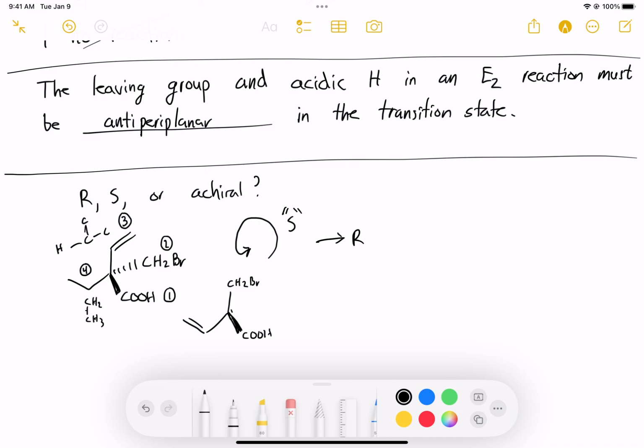Okay, and that will put the wedge on the CH2 here. So 1, 2, 3, 4. Well, no, now that's still S, isn't it? 1, 2, 3. It still looks like it's S. Huh. So maybe we're rotating things a little bit weirdly here.